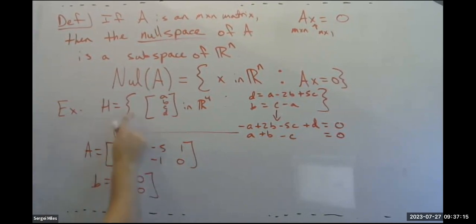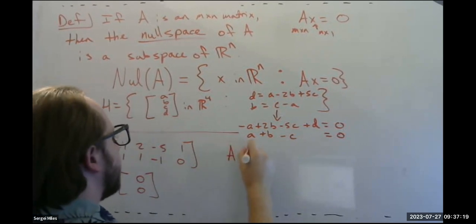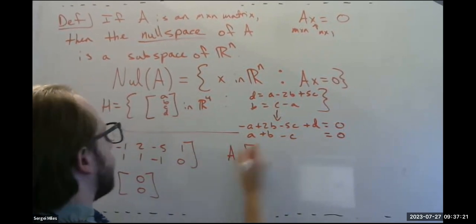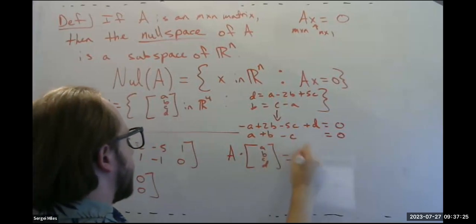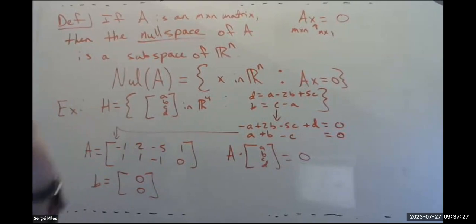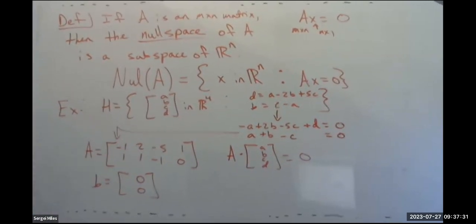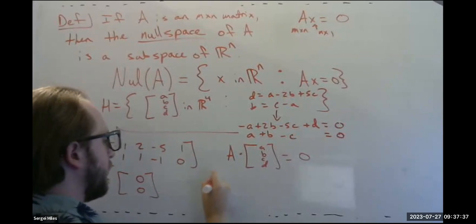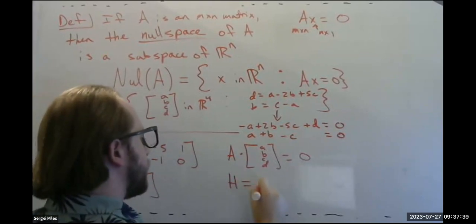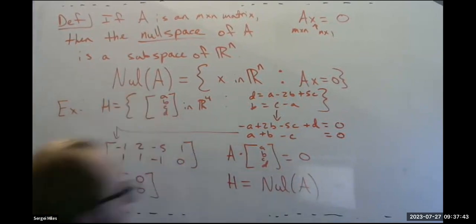In other words, these vectors A, B, C, D, these are the set of vectors such that when you multiply it with matrix A, you get out 0, right? A, B, C, D is the set of solutions to this homogeneous system. Well, in other words, what is H? H equals the null space of A.